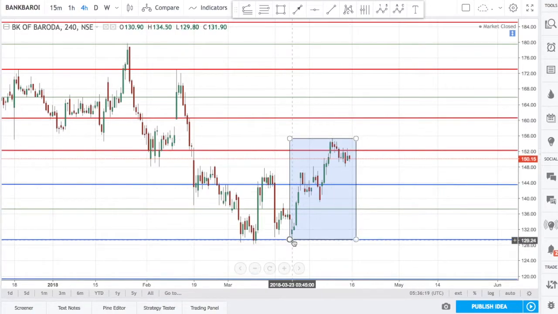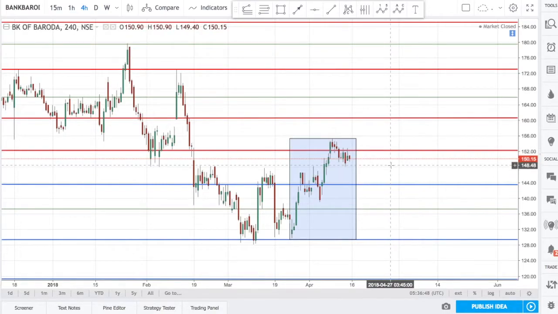The stock price pushed higher from this support level, made a retracement, and once again pushed higher into this level of resistance. From this resistance level, we have a retracement, this retracement giving us a shorting opportunity or an opportunity to go short on Bank of Baroda.